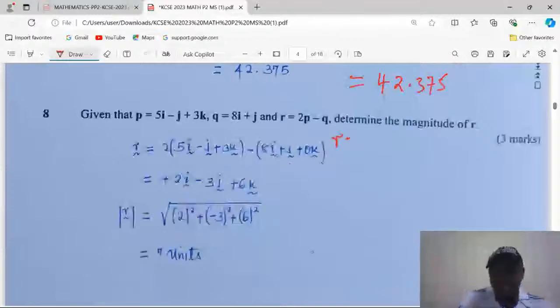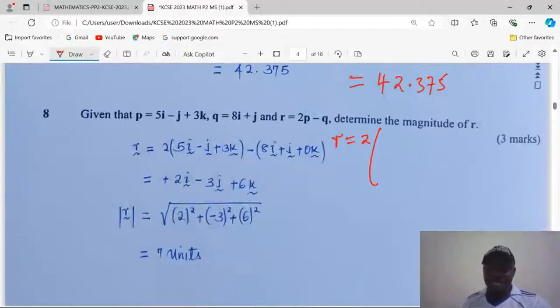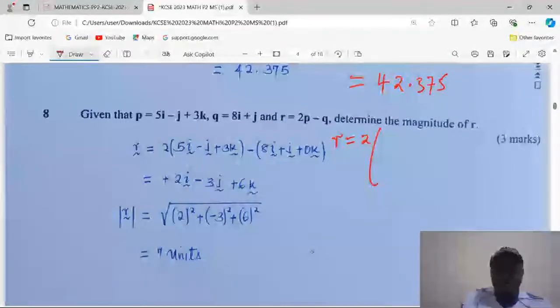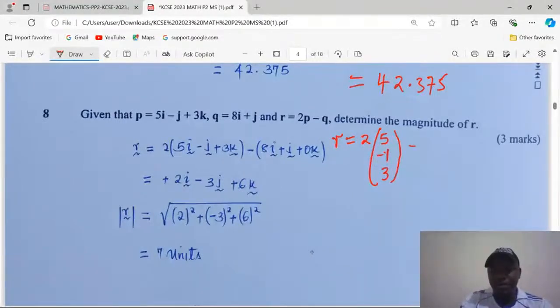Remember, R is given by 2P minus Q. Let me write them as column vectors. P will be 5, then -1, then 3. Then we have minus Q. So we subtract vector Q, which is given by 8i, so we start with 8, and j, which is 1.